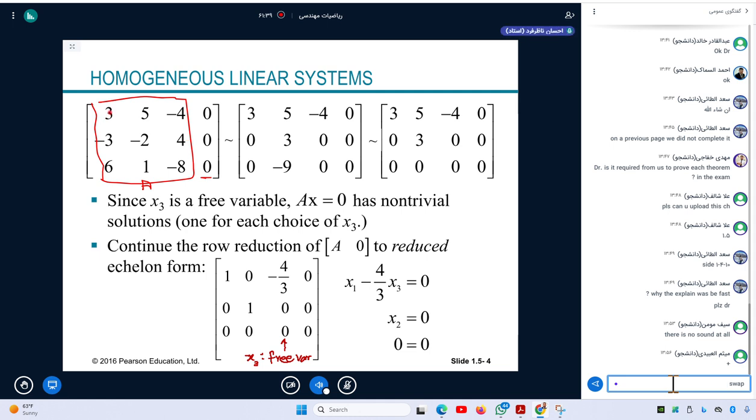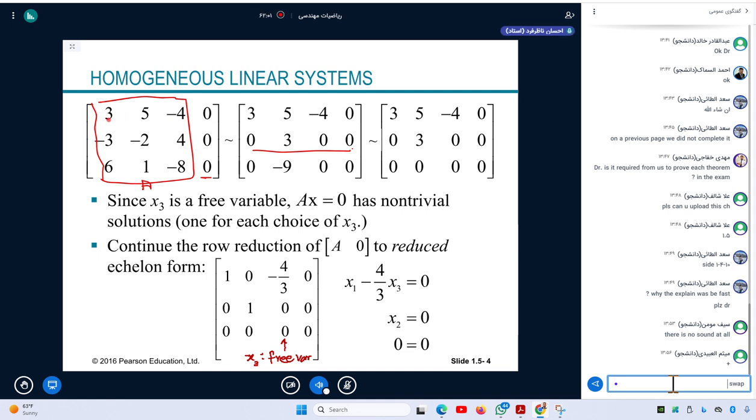For instance, if you add the first row plus the second row, we have this one 0, this becomes 0, this becomes 3, and this will be 0.